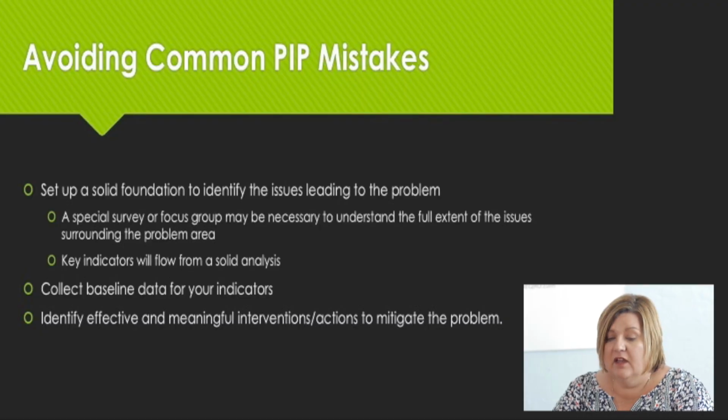Many of these sources also have evidence-based practices and interventions as well. So setting up that solid foundation to identify the issues that lead to the problem is very important and something that we have seen missing from a lot of the PIPs that we have reviewed.